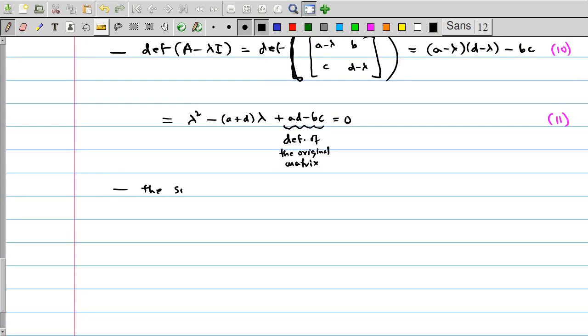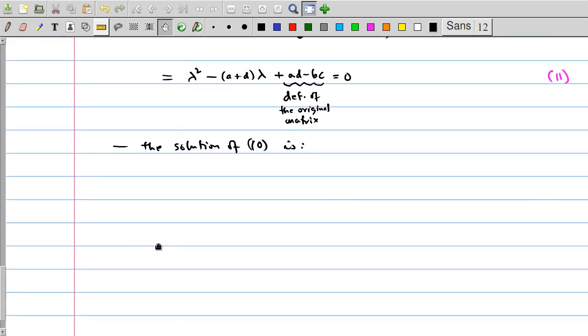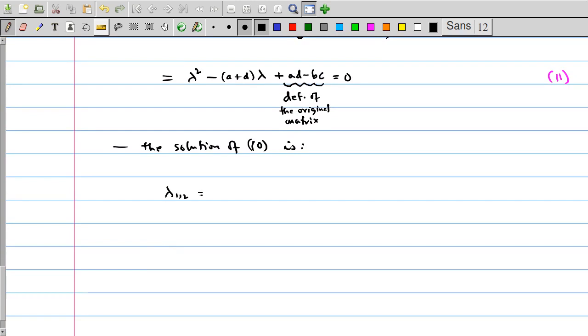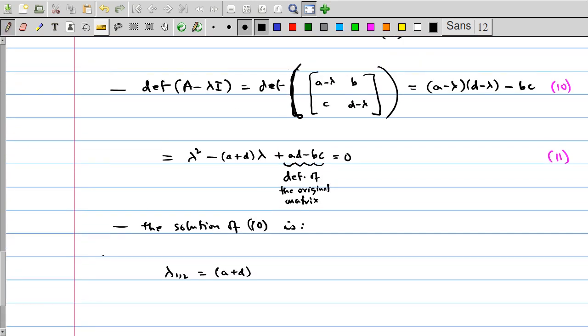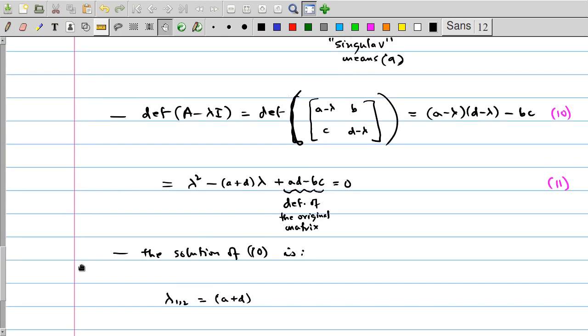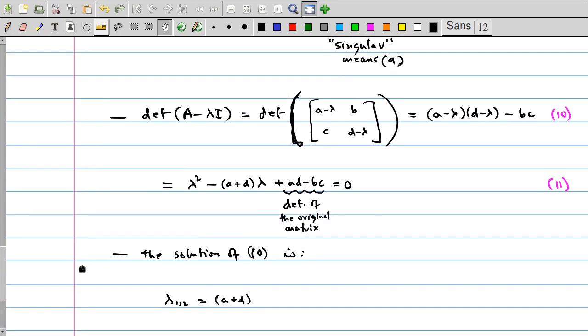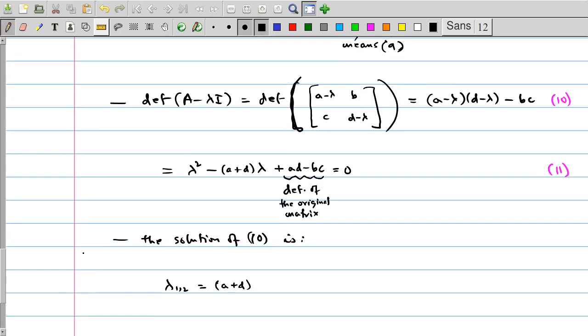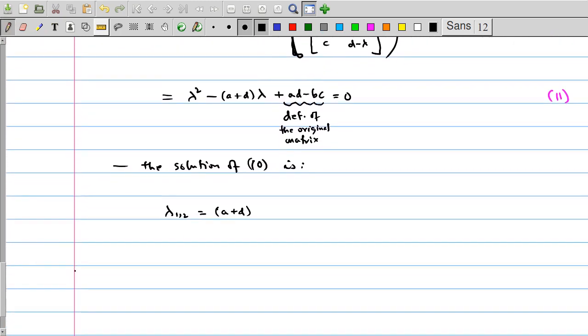The solution is lambda 1, 2 equals minus this, which is plus a plus d, plus or minus the square root of (a plus d) squared minus 4 times that determinant ad minus bc, and the whole thing divided by 2. No mistake so far, right?